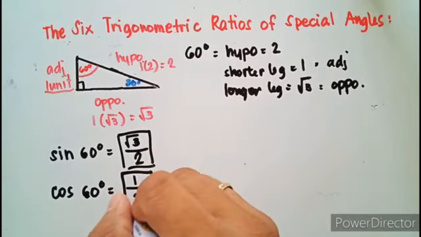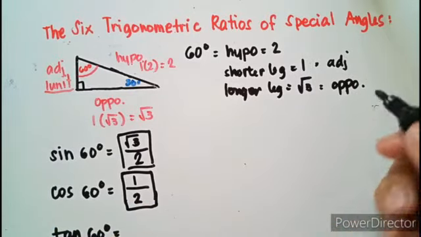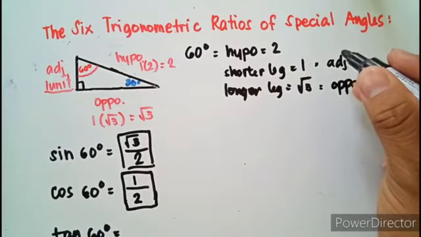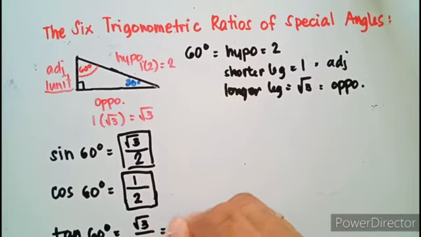So, that is 1/2. Then, for tangent 60 degrees, that is TOA, opposite over adjacent. So, that is square root of 3 over 1, which is equal to square root of 3.